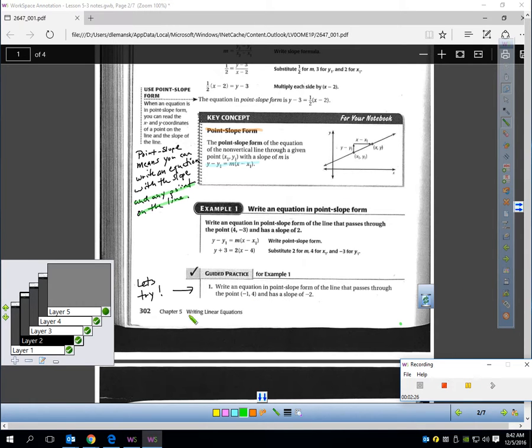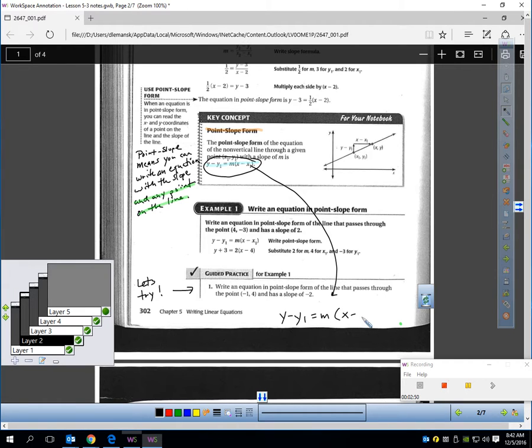Okay, so let's try writing an equation in point-slope form. Here's an example. Write an equation in point-slope form of the line that passes through the point (-1, 4) and has a slope of -2. All right, let me write down the basic form again: y minus y sub 1 equals the slope times (x minus x sub 1).